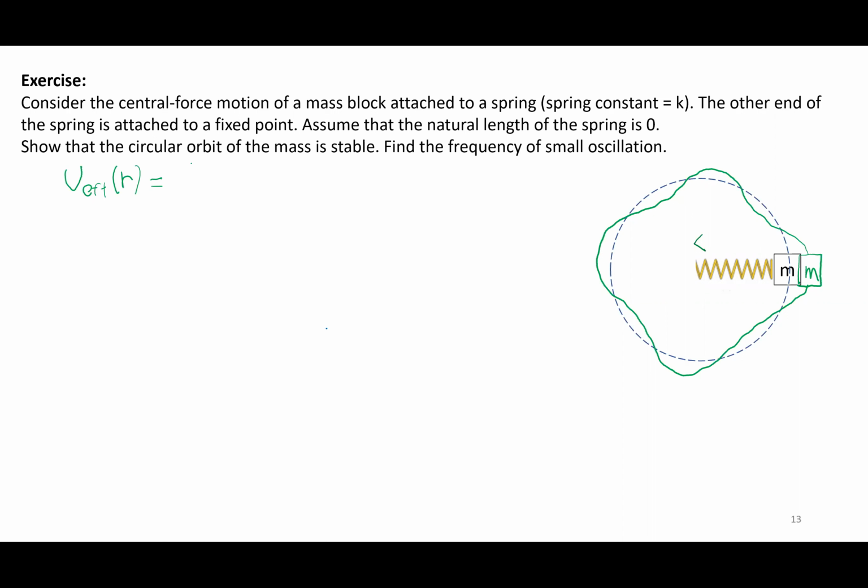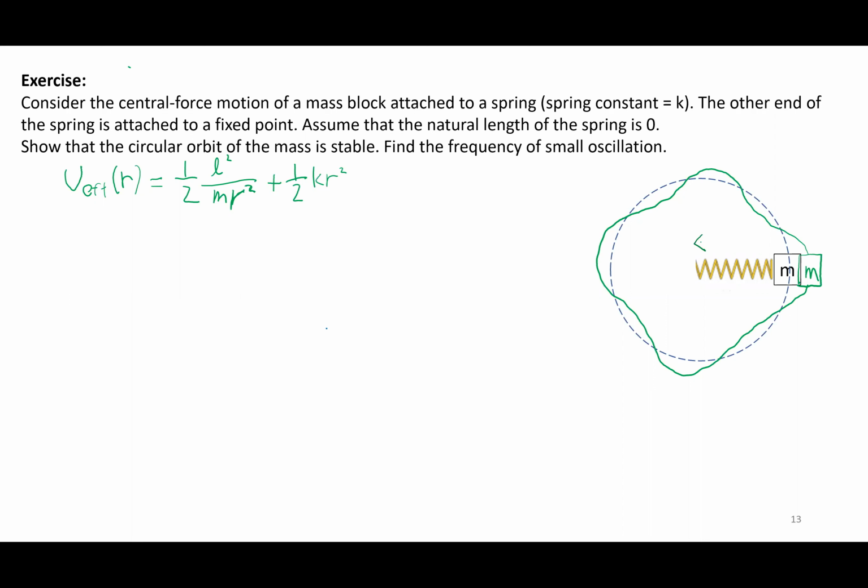The first term is the centrifugal term, and the second term is the actual potential due to the central force. In this case, the central force is given by the spring, and that's why the potential energy is 1/2 k r squared.